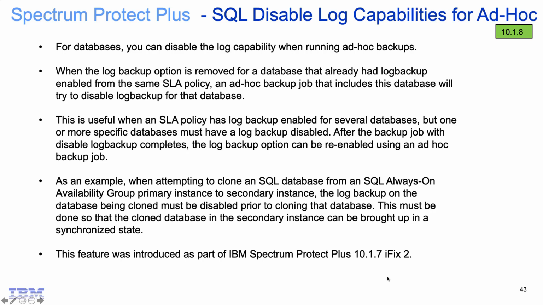The reason this is useful for ad hoc jobs is because there are certain circumstances, like with AAGs on SQL Server, where you're trying to clone a database, let's say, that you might want to go ahead and not take the log backup of the SQL database. So this just makes it possible to do that when you're doing things like a log backup.